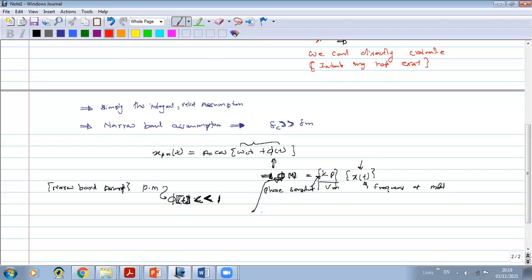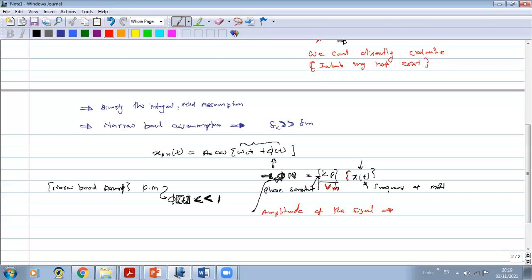Changing this φ(t) mainly depends on the amplitude of the signal. But amplitude normally we normalize, already you know that. Normalize means the amplitude of the signal is divided by the maximum amplitude of the signal, so that we can normalize the amplitude.